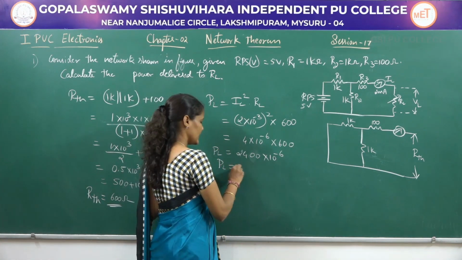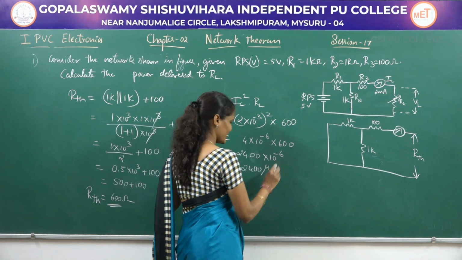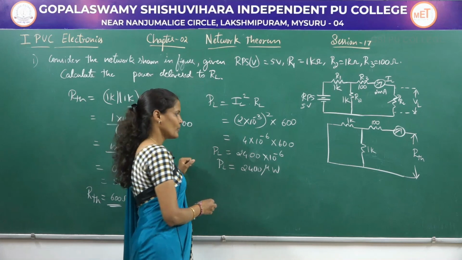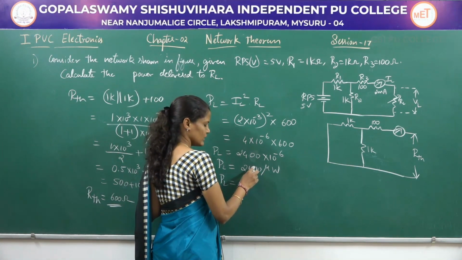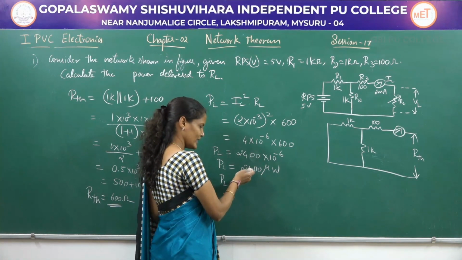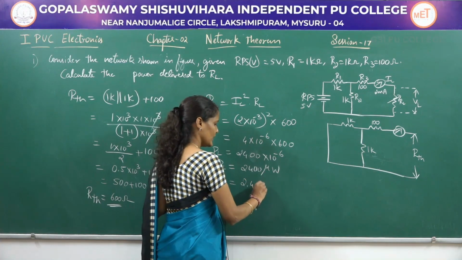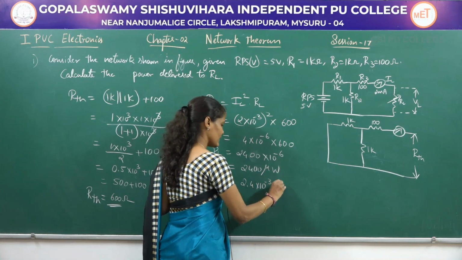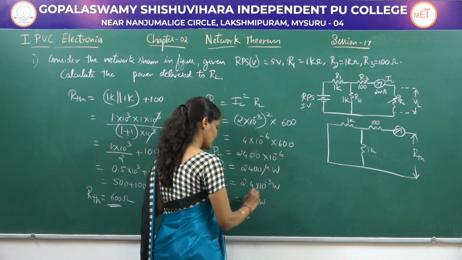So, PL is equal to 24,000 microwatts. 10 to the power of minus 6 is micro. But if you want to keep this in milliwatts, 2400.0, if you are going to shift the point towards the left side, it will become 2.4 into 10 to the power of minus 3 watts or 2.4 milliwatts.